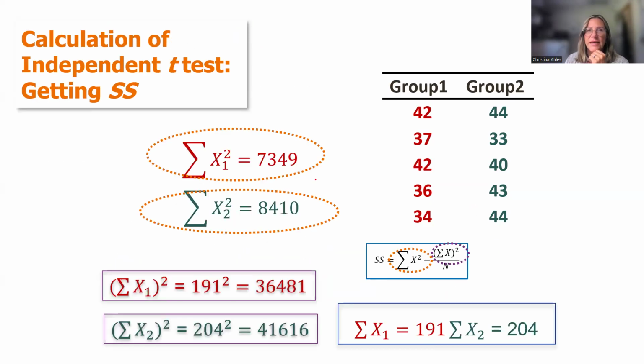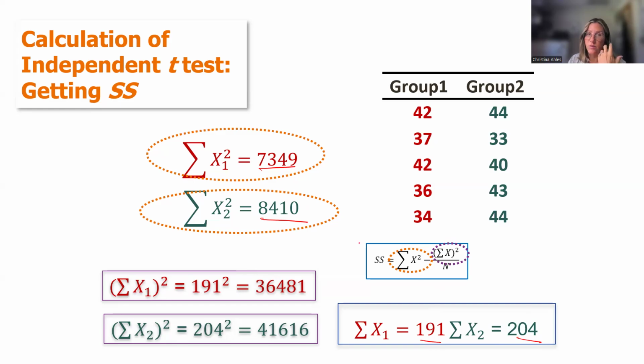So if we were to take the sum of x squared, basically 42 squared plus 37 squared plus 42 squared plus 36 squared plus 34 squared, we would get 7,349. Doing the same thing for group 2, we would get 8,410. If you recall, our sums of x's were 191 and 204.